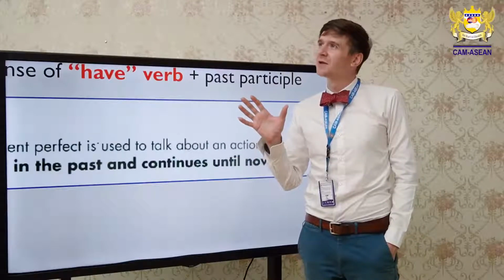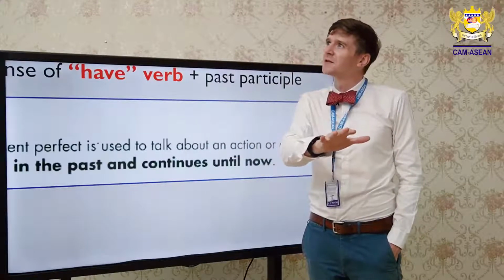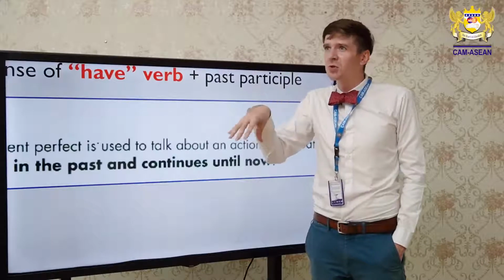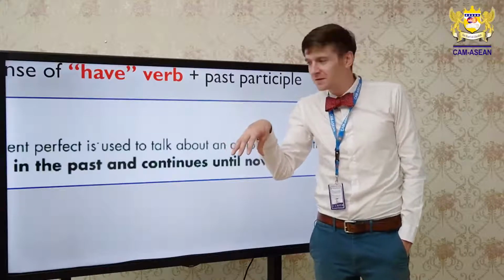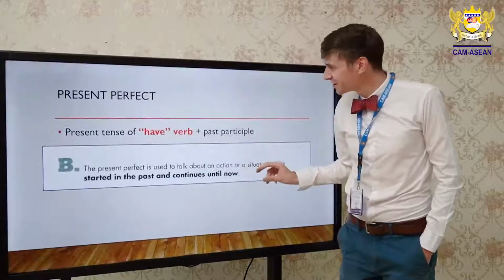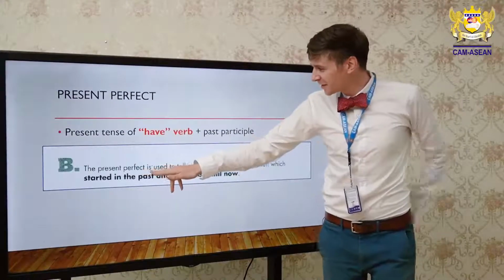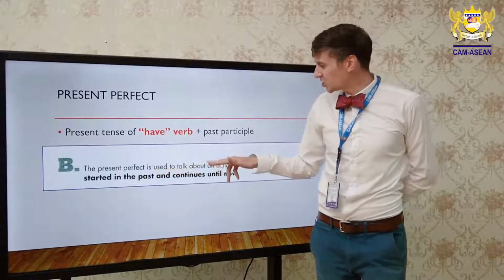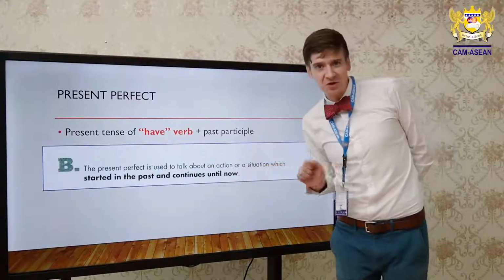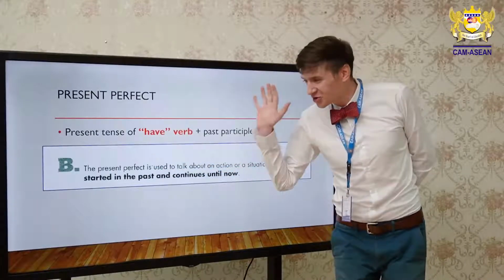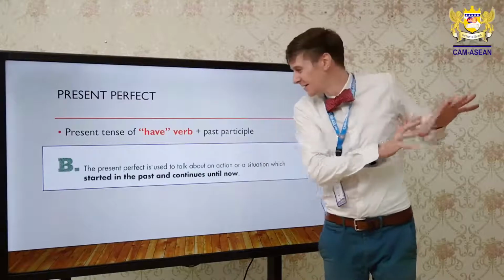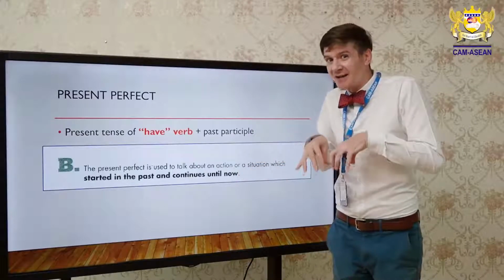Let's see, how does that work? It started in the past, but is still going on now. Interesting. The present perfect is used to talk about an action or a situation which has started in the past already, and it's going on now.